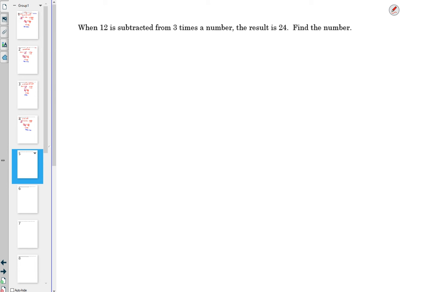Alright, so let's see. All I want to know is the number. So let n be a number. So 12 is subtracted from. So I have to have something like it's something minus 12. It's not 12 minus. You're taking 12 away from something.